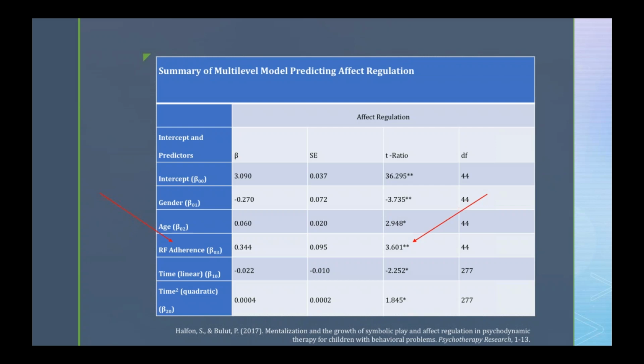We found that in the previous sample that I showed you with 48 children and 329 sessions, adherence to the RF prototype significantly predicted affect regulation.